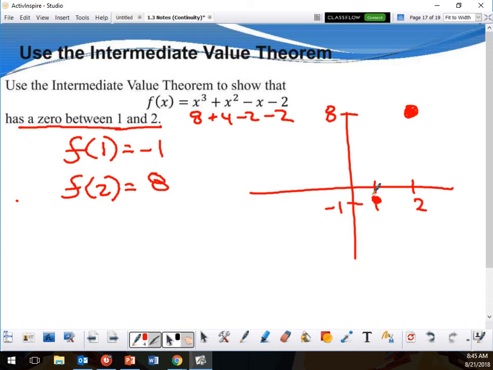Yes? So were we able to prove it? Yes, because there is a change in sign. If it goes from negative to positive, hey, it crossed 0. If it goes from positive to negative, guess what? It crossed 0. There we go. That's all we're trying to do there. Intermediate value theorem is we're trying to see that somewhere in between there it will work. Does that make sense? Okay.